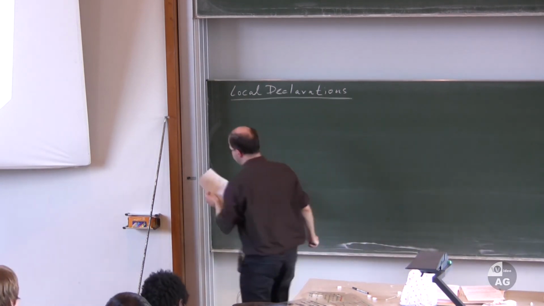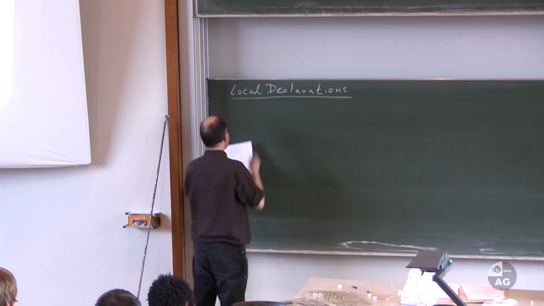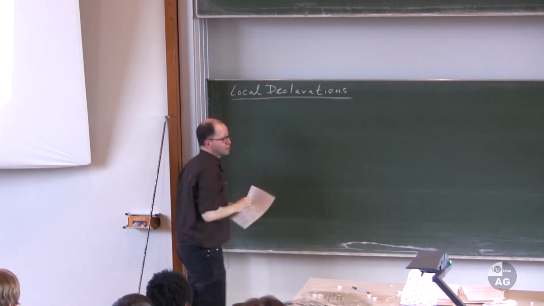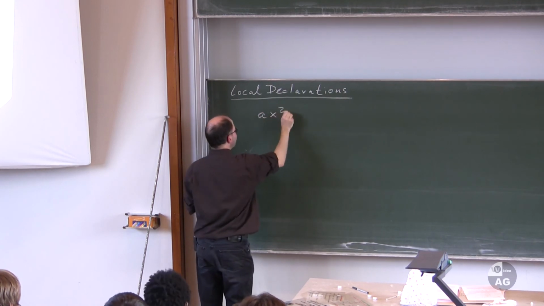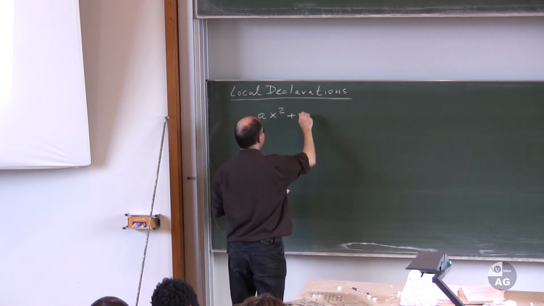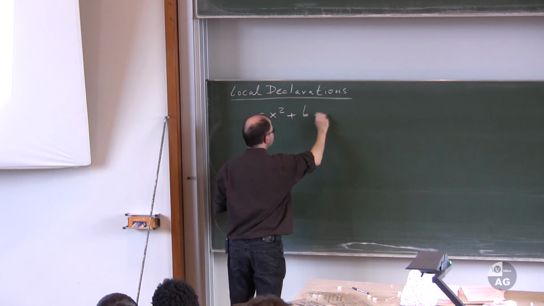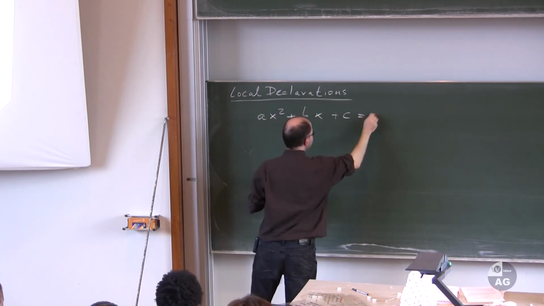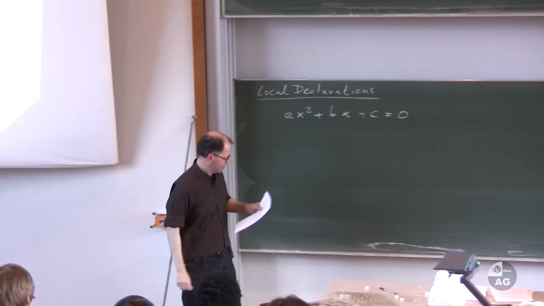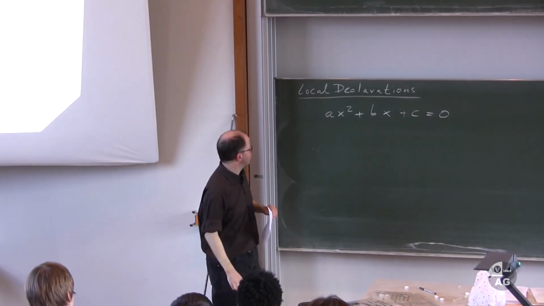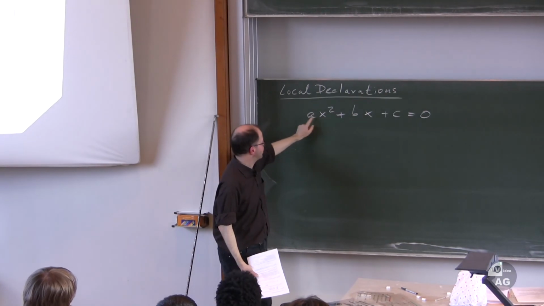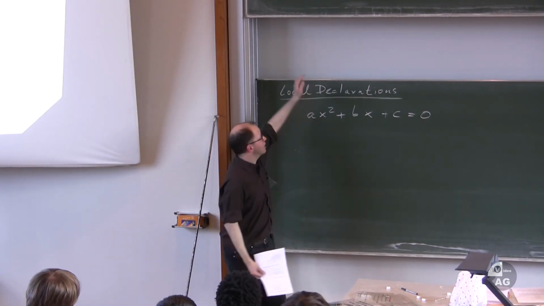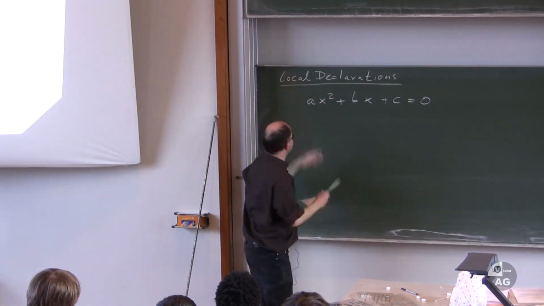To illustrate this, let's look at an example. Let's try to solve quadratic equations. So our goal is we have a quadratic equation like this: ax squared plus bx plus c equals 0, where a, b, c are rational numbers. And the question is, what are the values for x such that this equation holds? Now in high school you learned how to solve this.